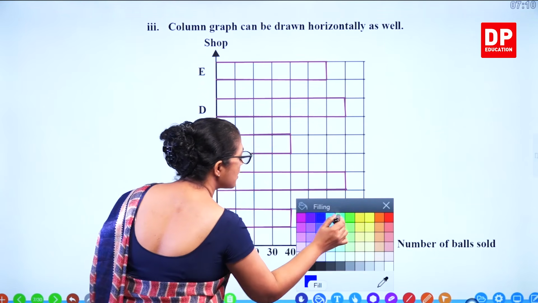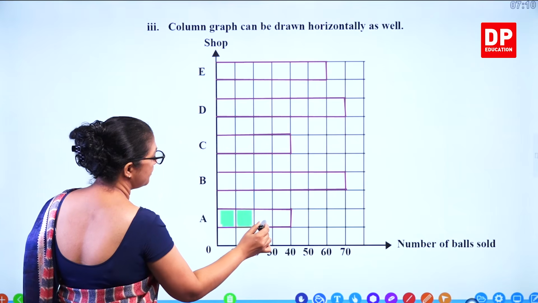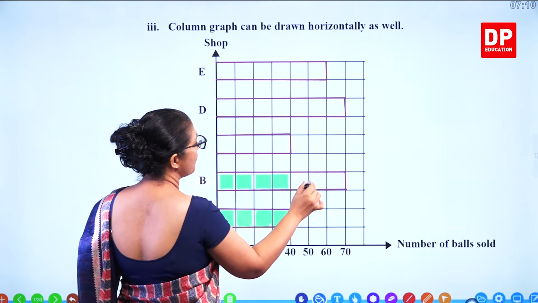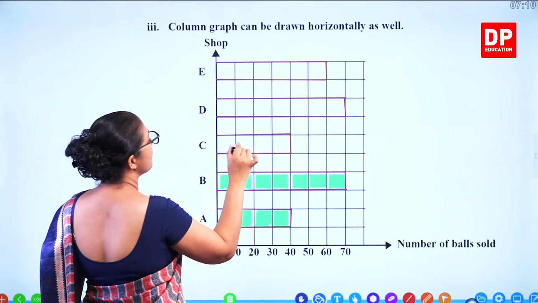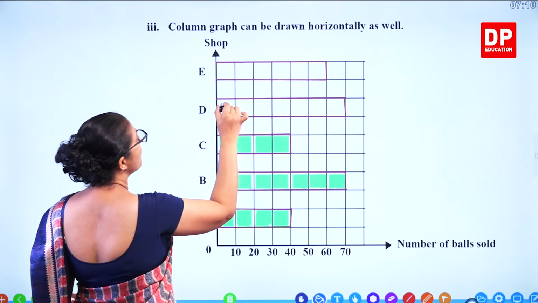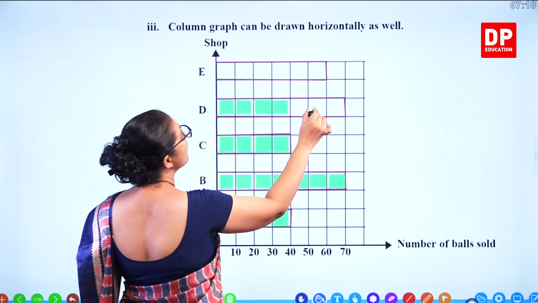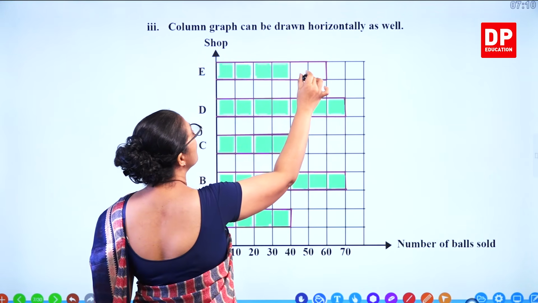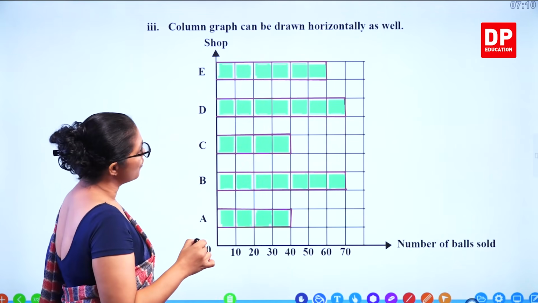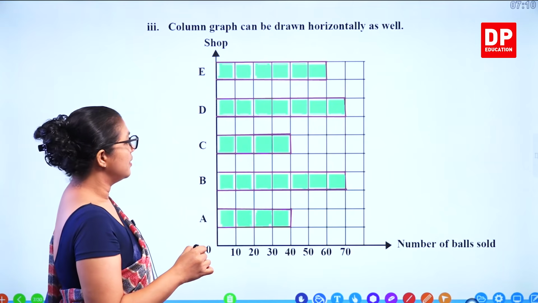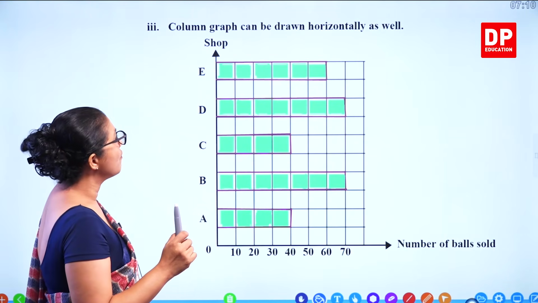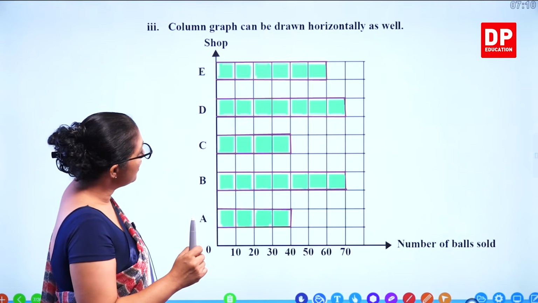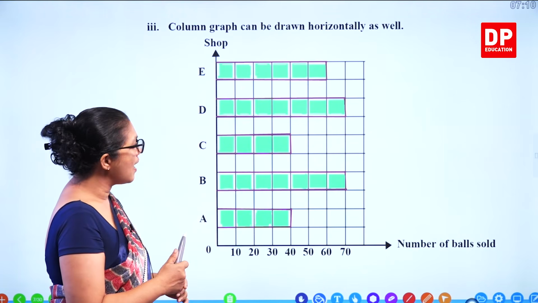We'll put this color. So this is the horizontal column graph. So here gap in between these all are equal and the width of the bars are equal.